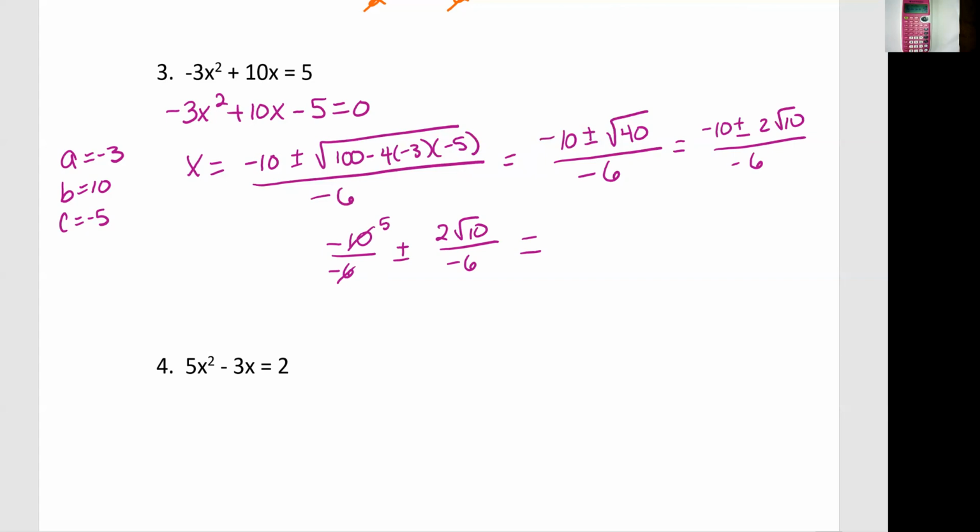If we divide those by 2, and a negative divided by a negative is a positive, so that's 5/3 plus or minus. Divide those by 2. And we get square root of 10 over 3. Now, if you're wondering about the negatives, right here and here, just think about it. If we got plus or minus, and that would change to a minus plus, it'd still be plus or minus.